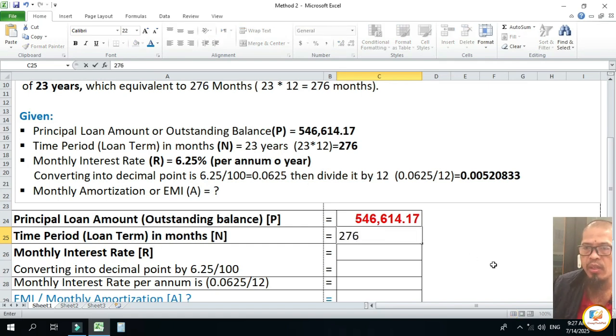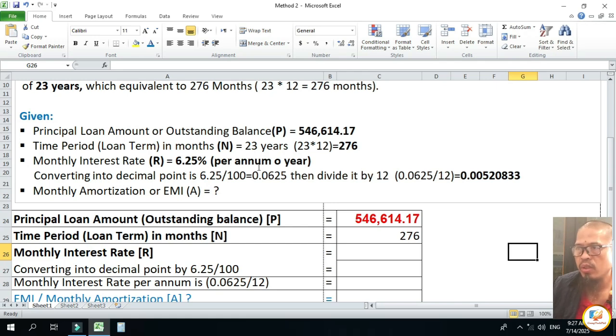The interest rate, which is R, is 6.25% per annum, and here is 0.00520833. So we copy it here.